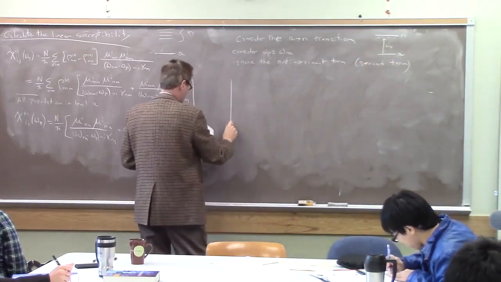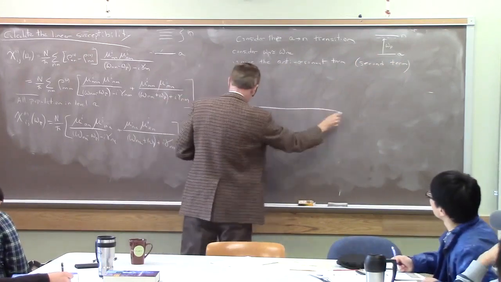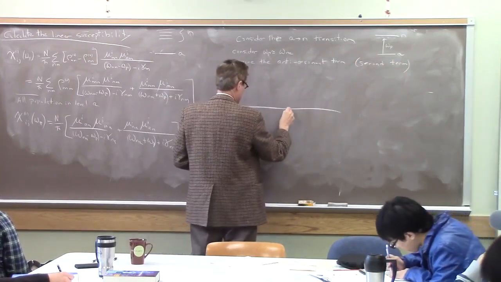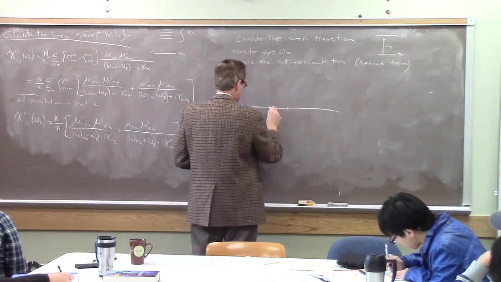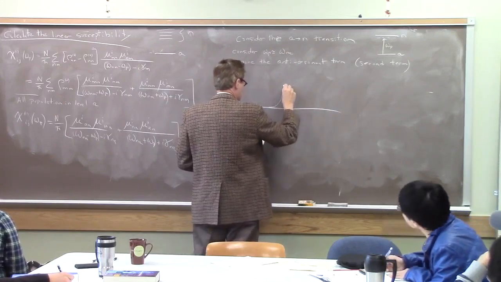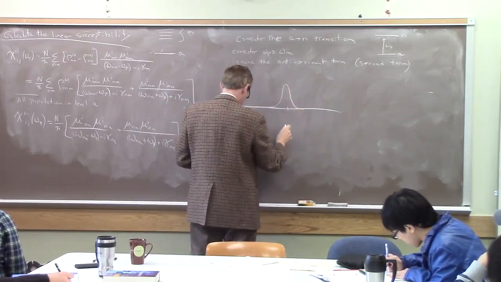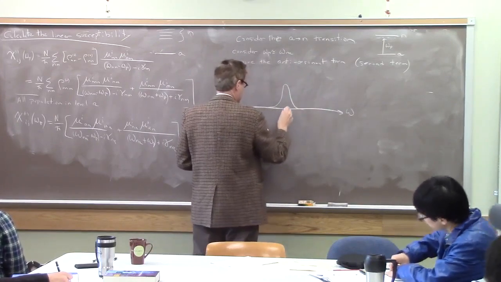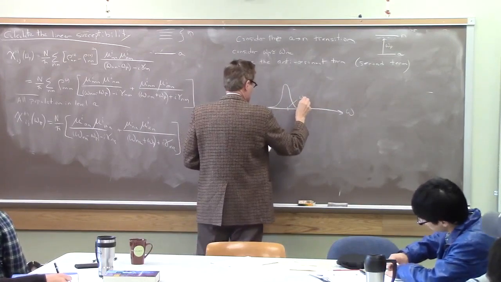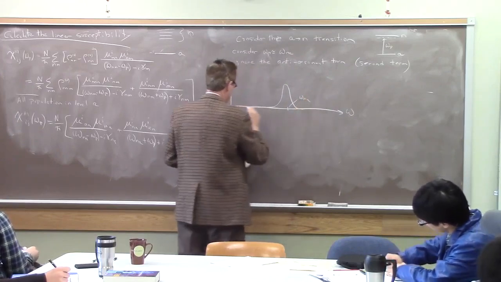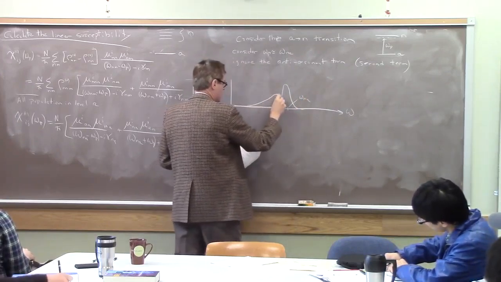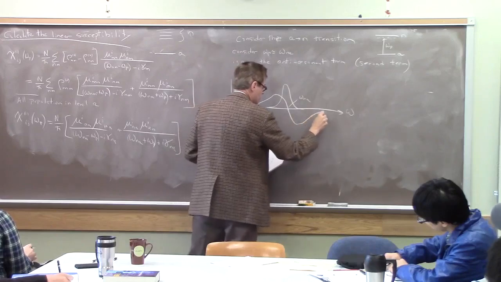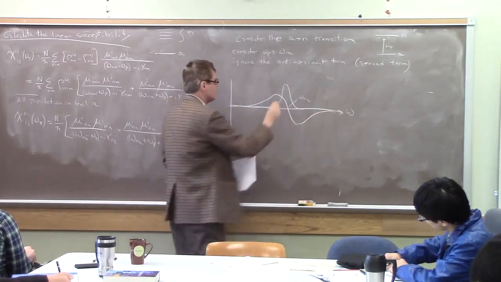And then if we plot this, we find that the imaginary part is a Lorentzian centered on omega NA, and that the real part looks like this.